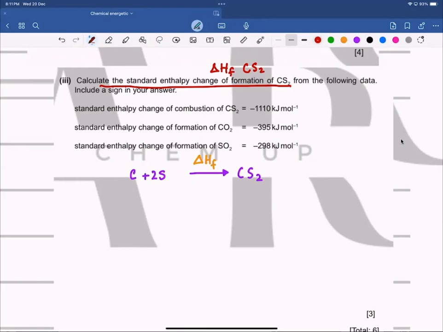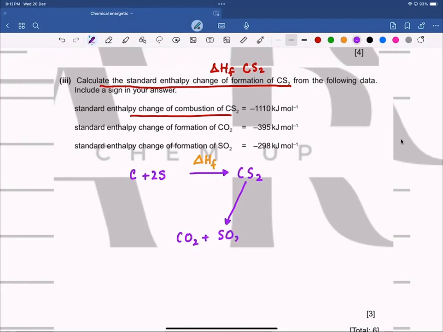Now have a look over here. Standard enthalpy change of combustion of CS2. If you combust CS2, it means that CS2 is now the reactant. When I combust it, what will it form? Carbon dioxide and sulfur dioxide.